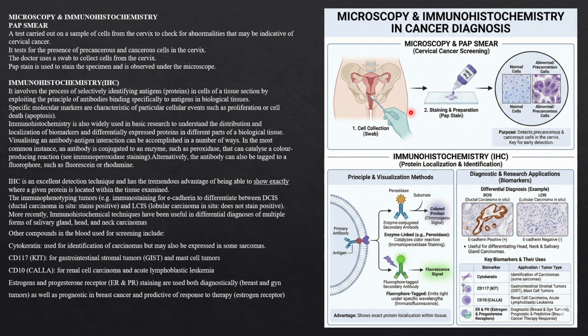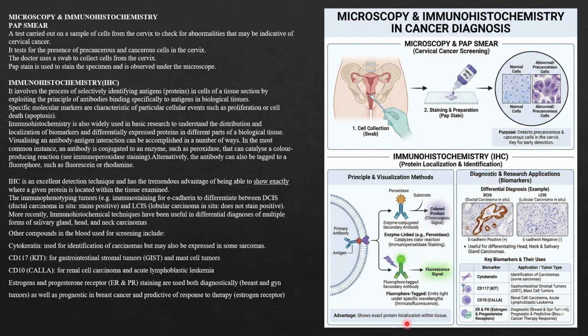Coming to microscopy and immunohistochemistry in cancer diagnosis. Microscopy uses the pap smear to analyze cervical cancer screening, whereas in immunohistochemistry, peroxidase and substrates are used in enzyme linked immunosorbent assays, using fluorophore tagged secondary antibodies.